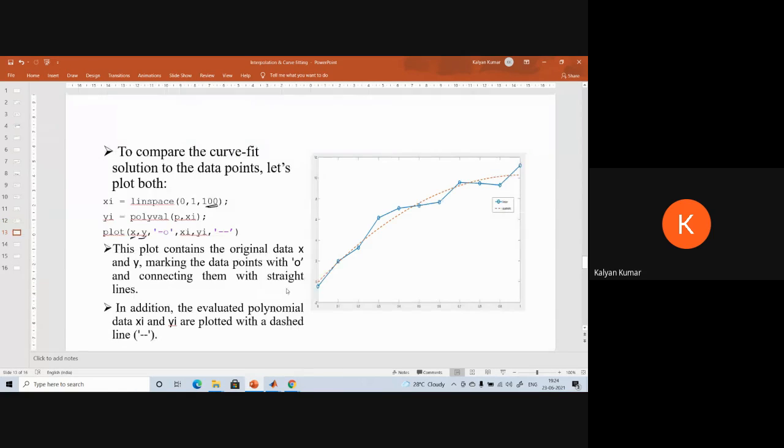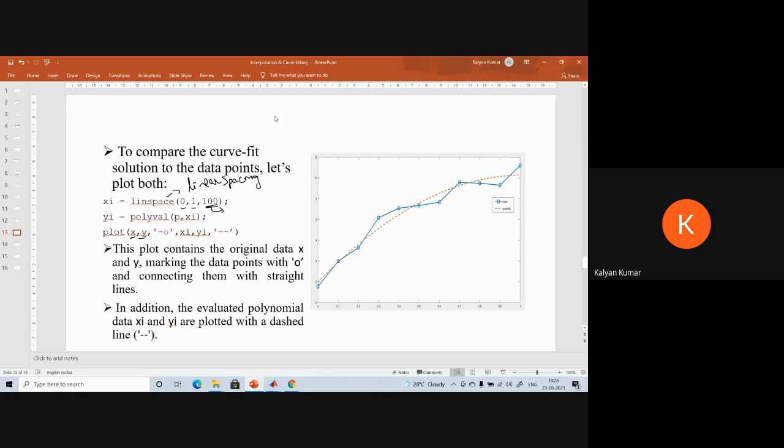With this quadratic equation, for the new x values I use linspace. Linspace stands for linear spacing. It is going to linearly space the values between 0 and 1, and the number of values it is going to place is 100 values.